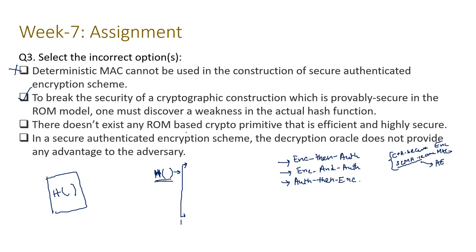This is actually false, because as I already said, if you are instantiating your implementation with a suitable hash function which can be considered a random oracle, then your scheme will remain secure, and due to the random oracle model, implementations usually become quite efficient compared to the standard model. So it is not true. There can exist ROM based crypto primitives which are efficient and highly secure at the same time.